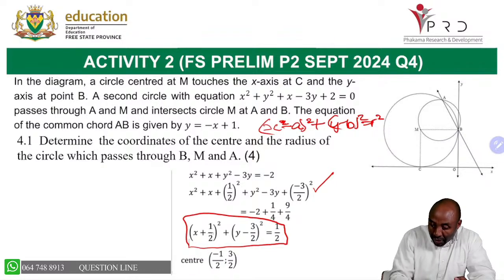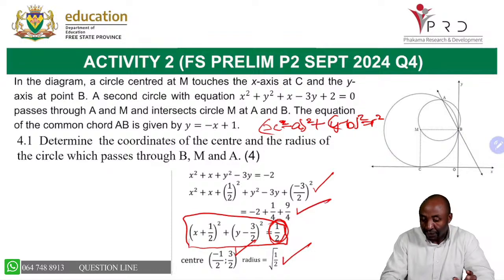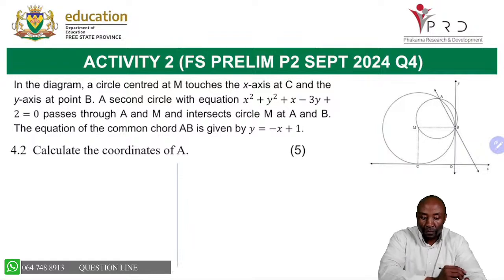So the x value at the center becomes negative half, and the y value at the center becomes 3 over 2, and our radius becomes the square root of what we have on the right-hand side. This is our r squared in this case. So you get a mark for the right-hand side and a mark for the coordinates of the center, giving us the 4 marks. We move on to 4.2.